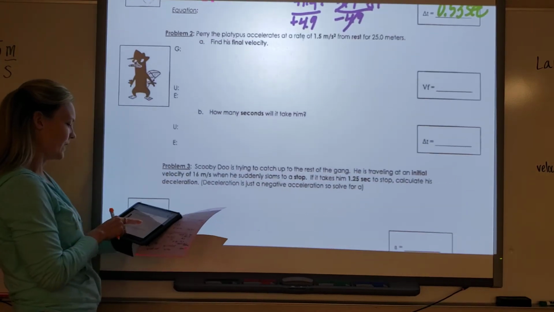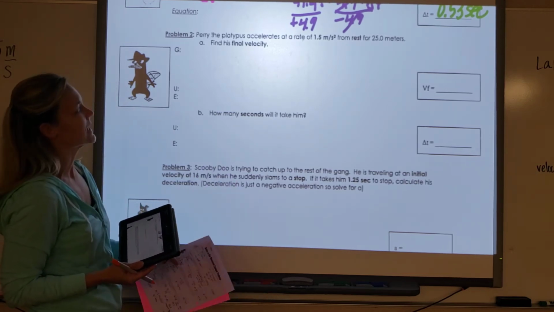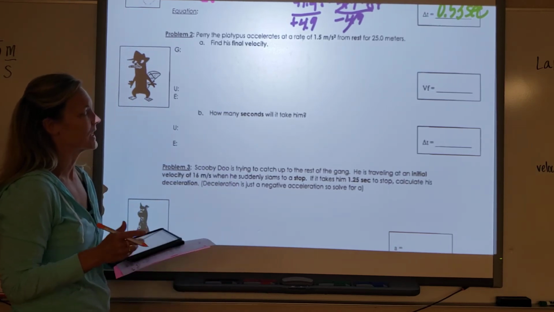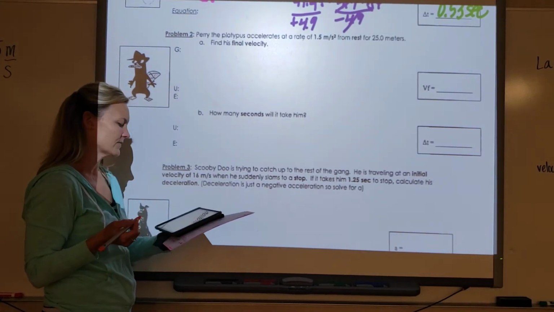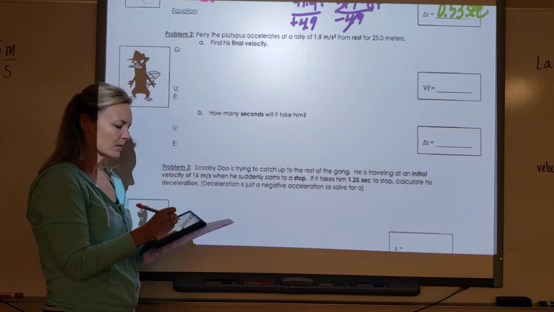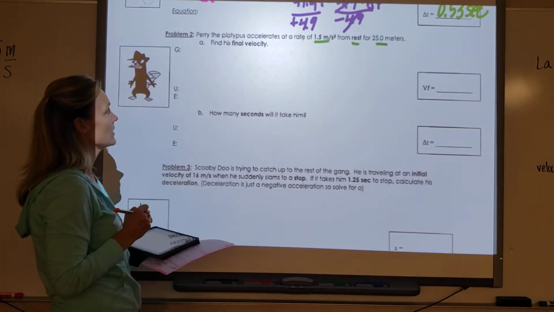All right, moving on to problem 2. Perry the platypus accelerates at a rate of 1.5 meters per second squared from rest for 25 meters. Find his final velocity. So I'm looking for 3 numbers in order to start.